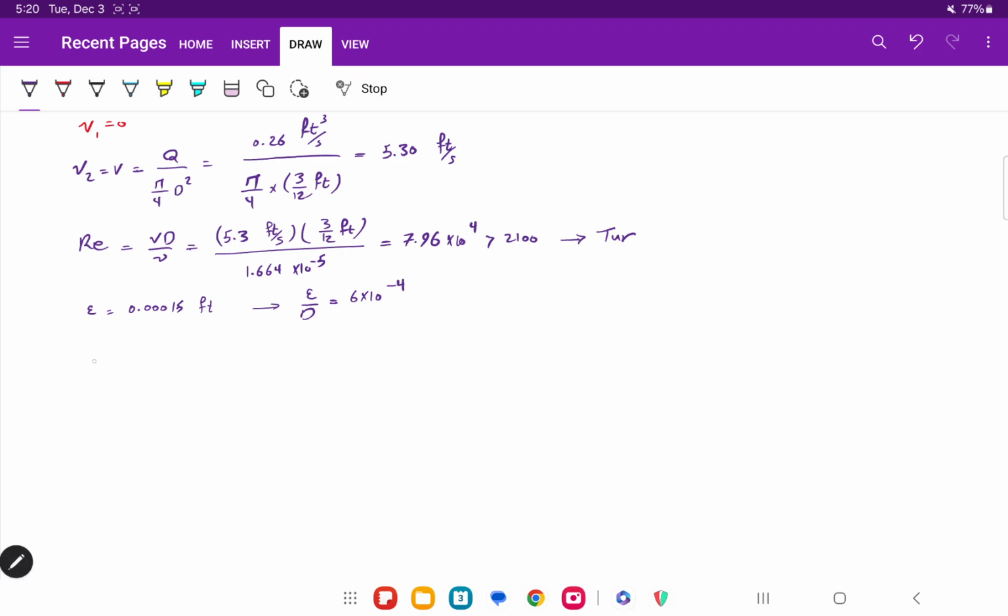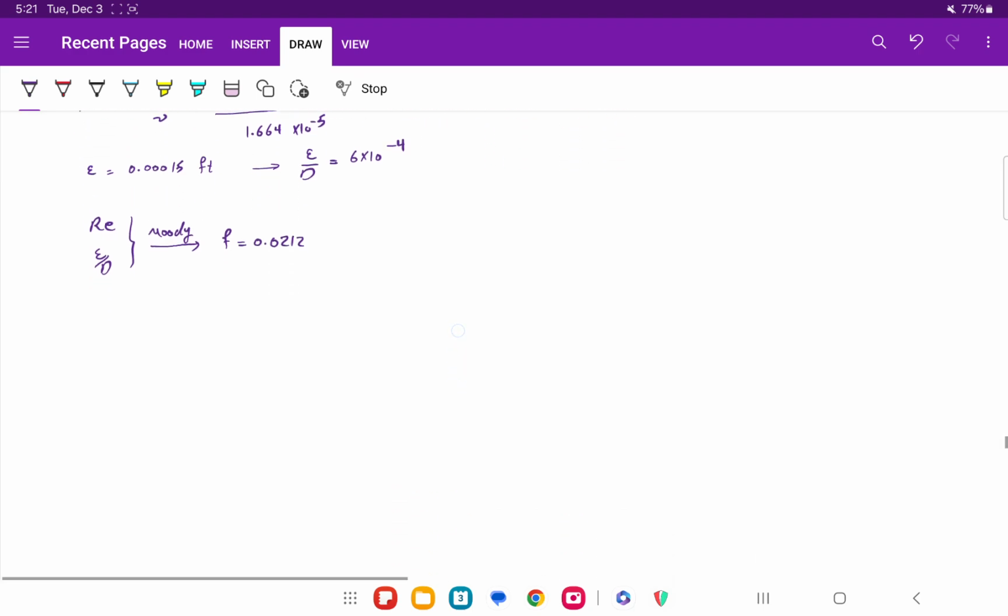So with Reynolds number and calculated epsilon over d from the Moody diagram, you will find that the friction factor F equals 0.0212. Actually, I know it can't be so accurate from that chart, but in the exam it's okay if you calculate it near the correct value.